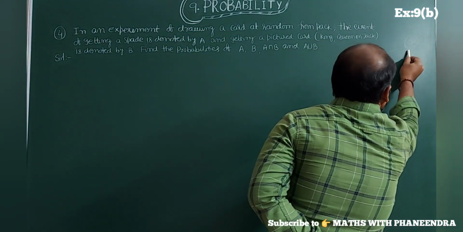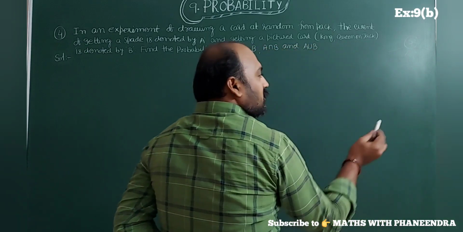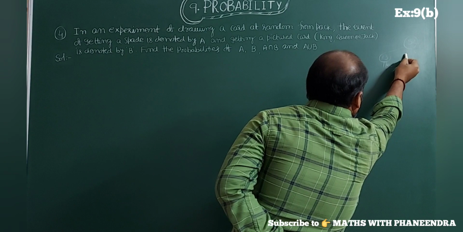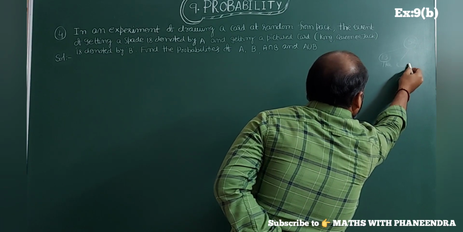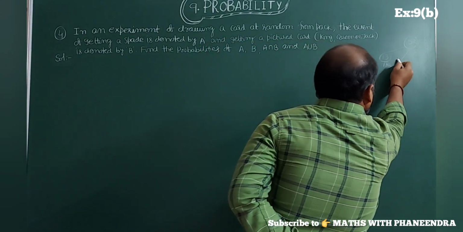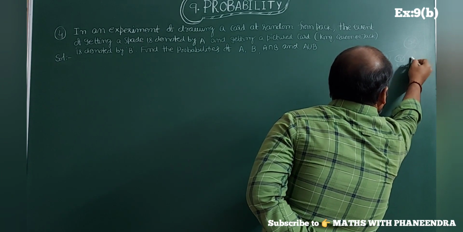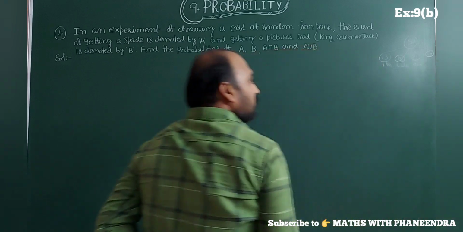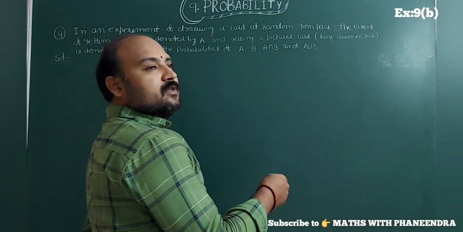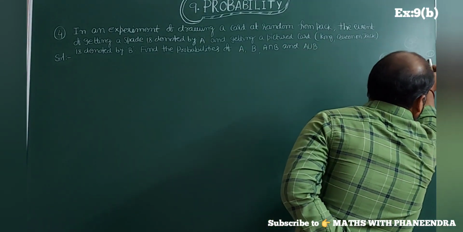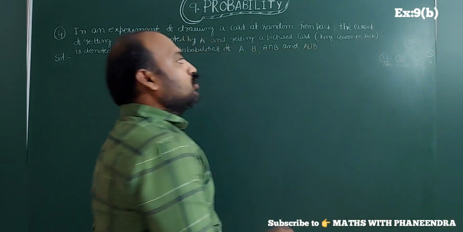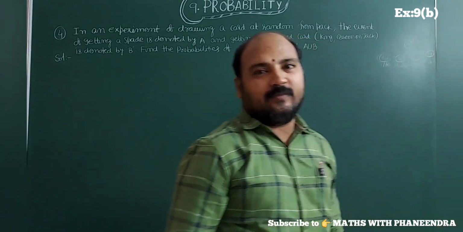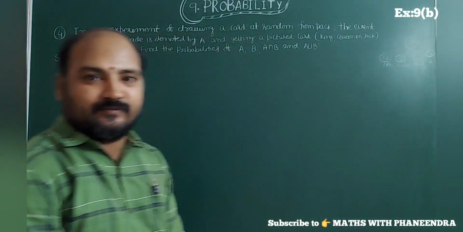In each suit there are 13 cards: spades, clubs, diamonds, hearts. So in total there are 4 suits. These are the possibilities. 13 possibilities are there.